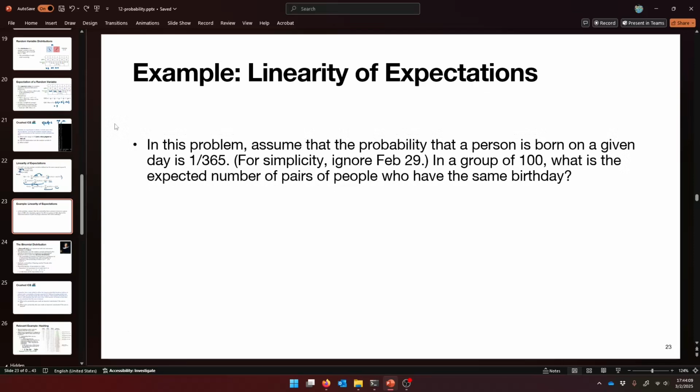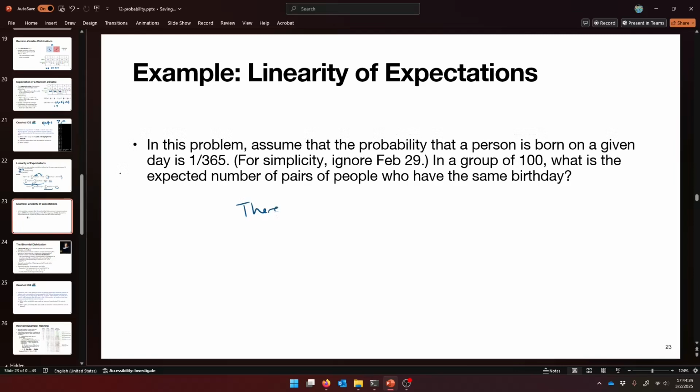That is not a very easy thing to calculate. But with linearity of expectations, it becomes simple. Without linearity of expectations, this would be a very hard problem. So think about it. If you want to do probabilities, like what is the expected number of pairs of people in a group of 100, you have to divide by how many pairs of people there are. So first of all, how many pairs of people are in this example?